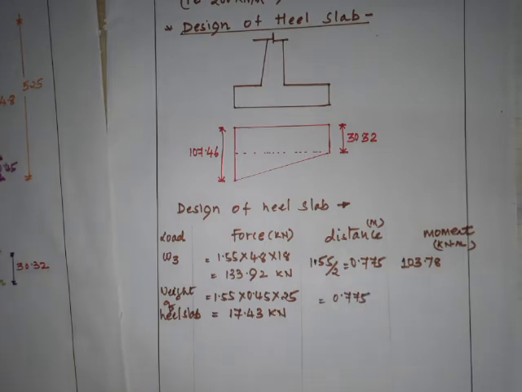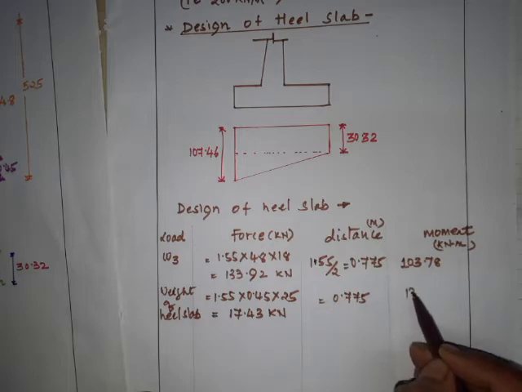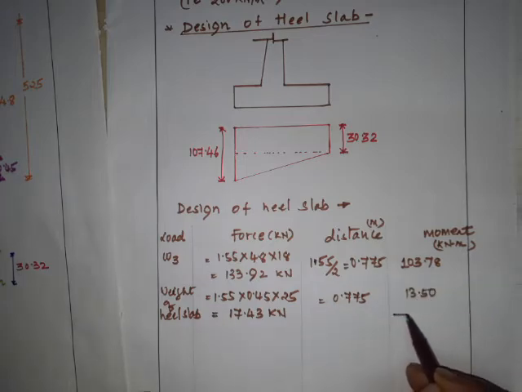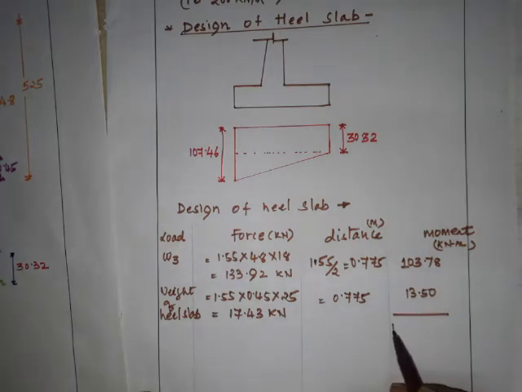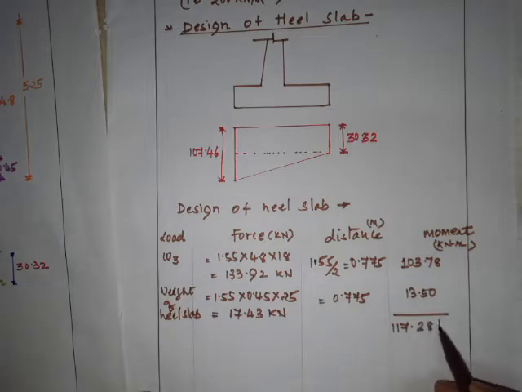And again multiplying this, we get 13.50. So the total moment is 117.28 kilonewton meter.